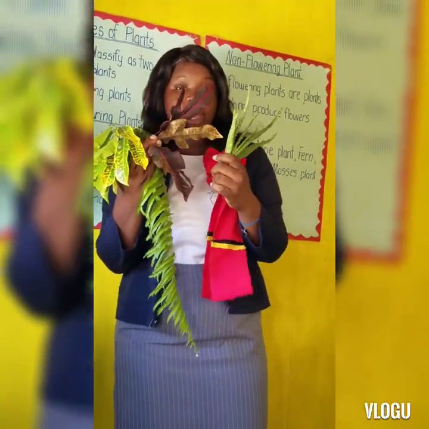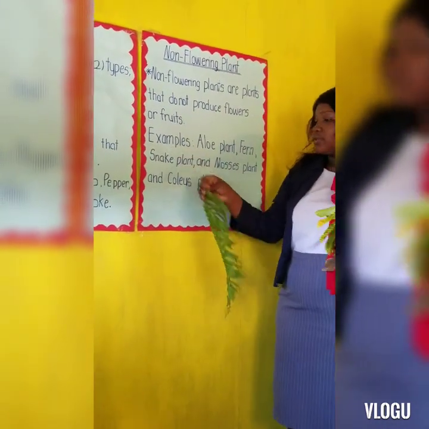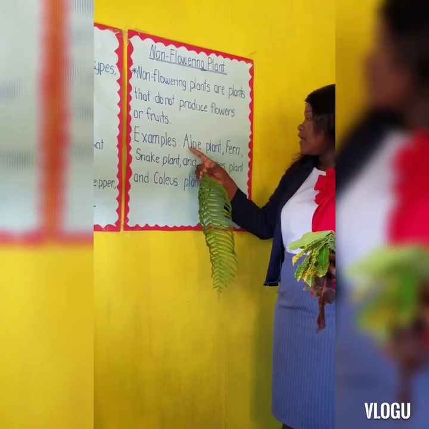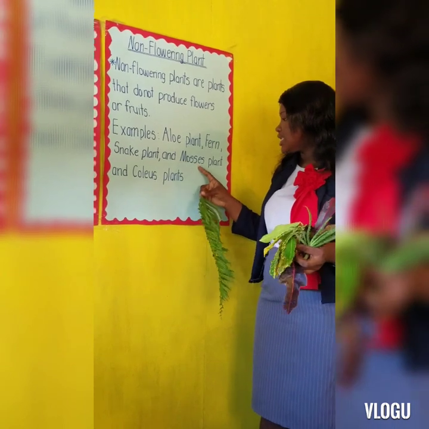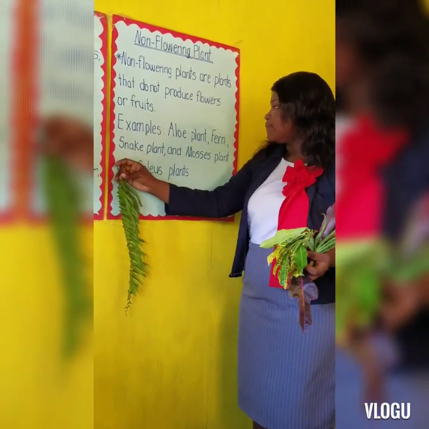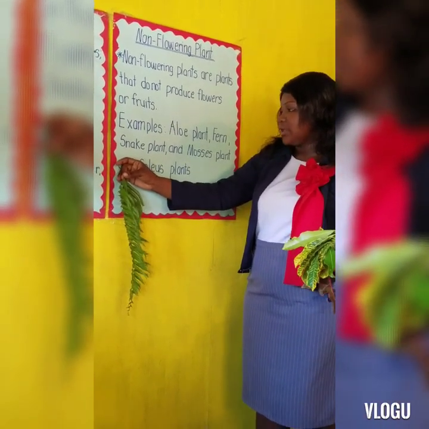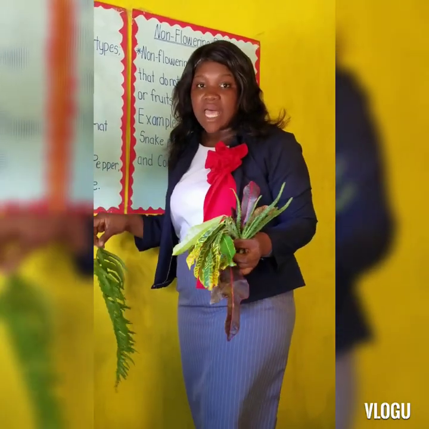And this also, right? Okay. Let's go to some example of non-flowering plants. It says non-flowering plants are fern, aloe, snake plant, mosses, and the colulus plant. What are they? Aloe plant, fern plant, snake plant, mosses, and colulus plants.